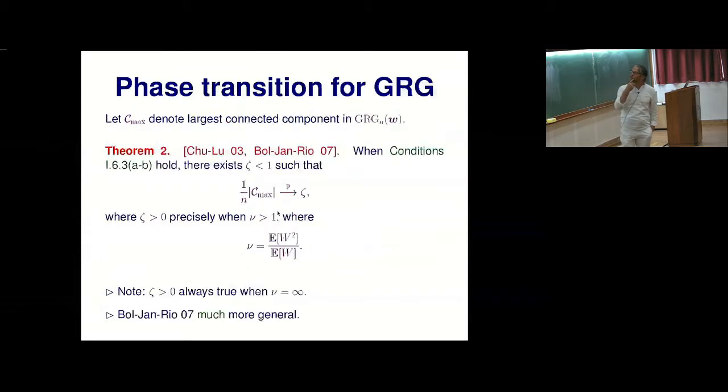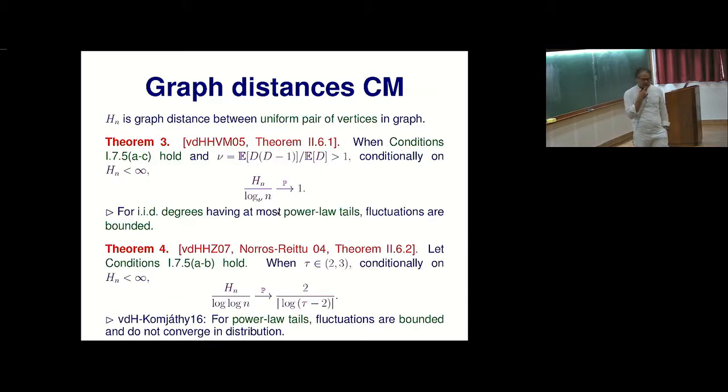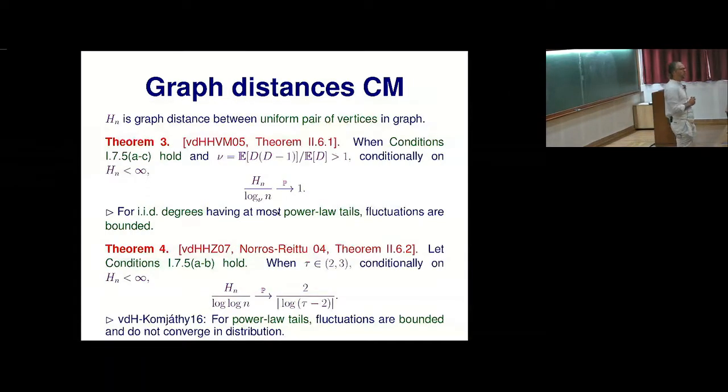For the generalized random graph, we can do very similar things. I will not spend a lot of time on this, because we've already seen that the configuration model and the generalized random graph are very closely related. So this result can be seen to follow rather directly from the previous one. But I wanted to talk in a little more detail about small world properties.